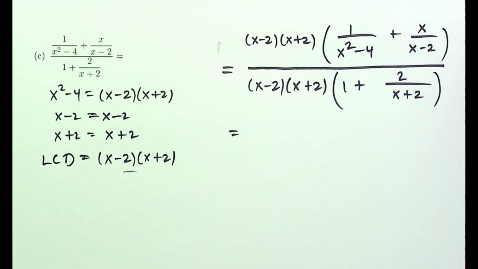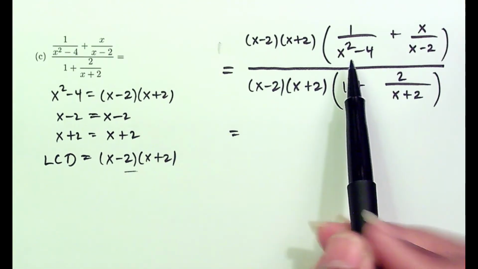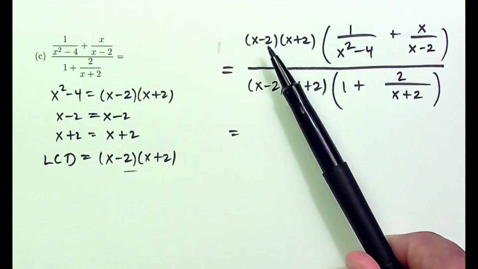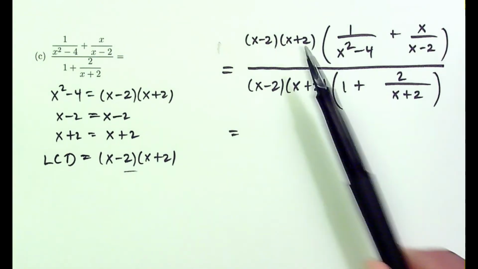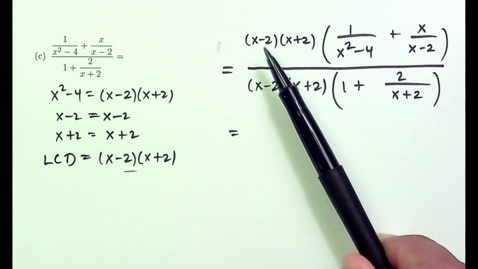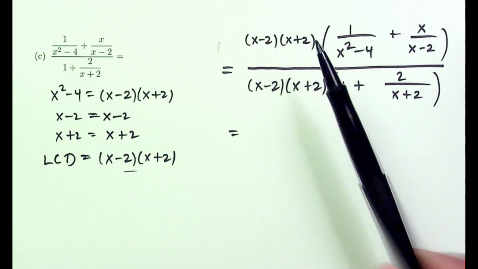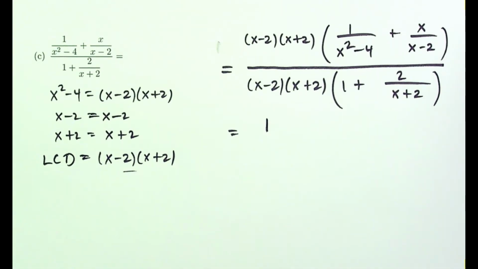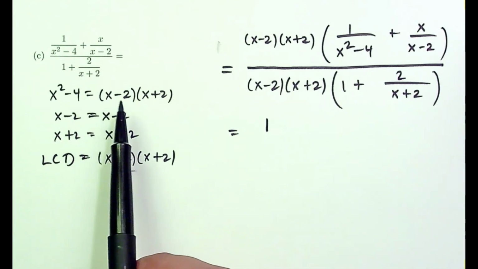Now we're going to multiply this. Note that this denominator right here, x squared minus 4, is actually exactly the same thing as this (x minus 2)(x plus 2). This right here is just a factorization of that. So that means they're actually the same, and when you multiply them, you're actually going to get 1. Make sure you understand that x squared minus 4 is the same thing as (x minus 2)(x plus 2).